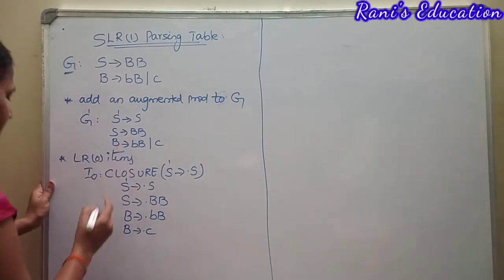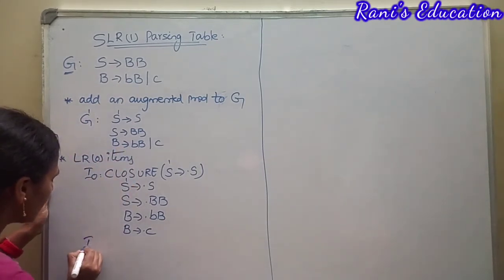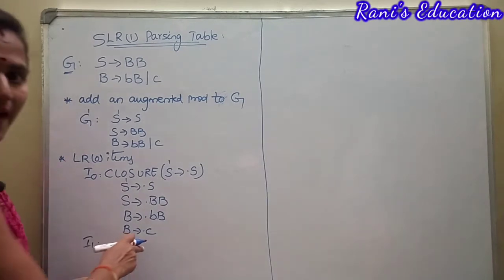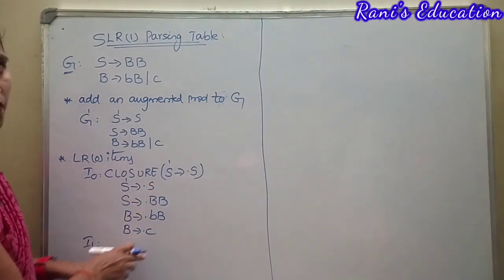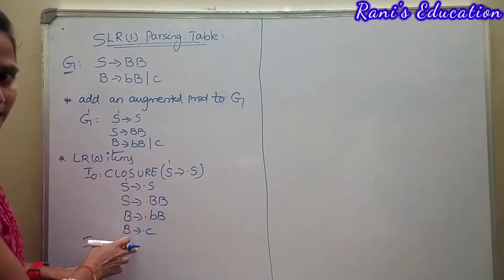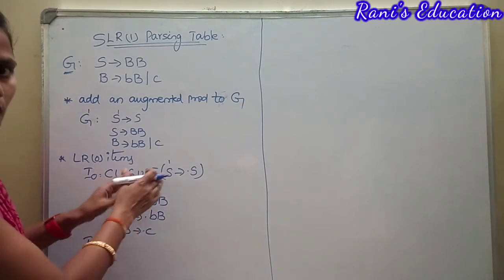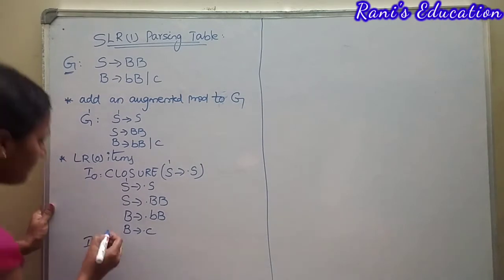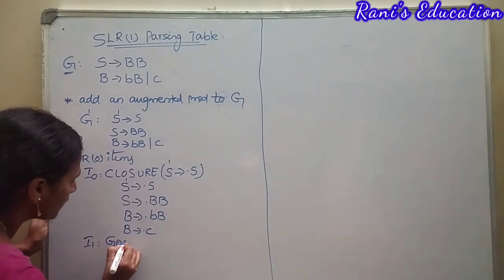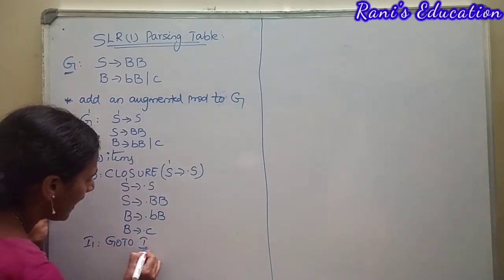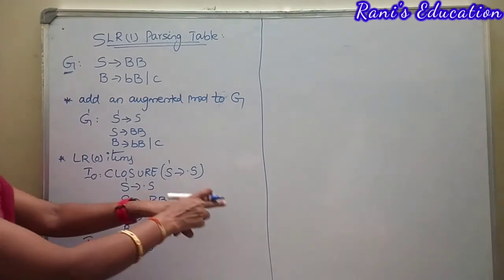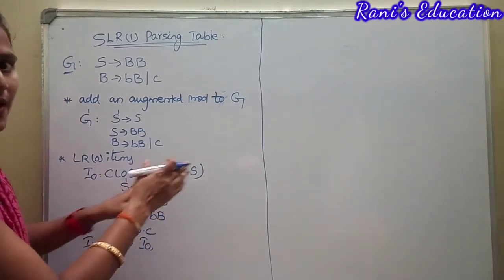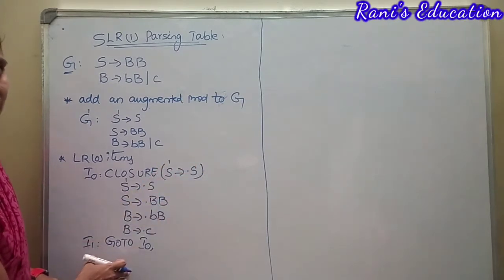Now move on to the I1 set. From I1 onwards, we apply the goto function to complete all the productions by creating individual item sets.